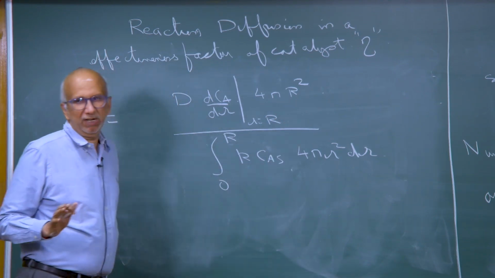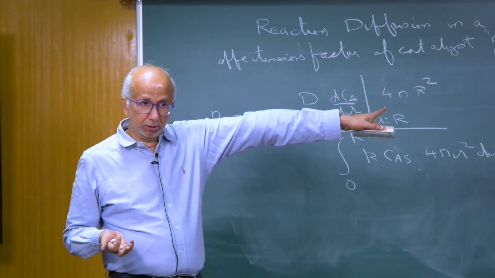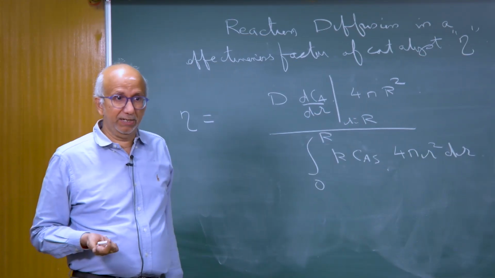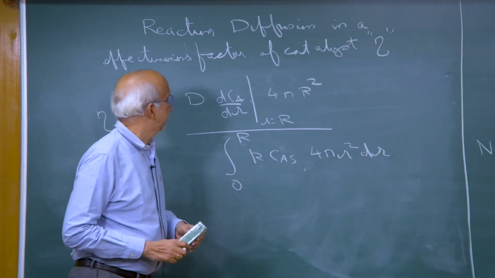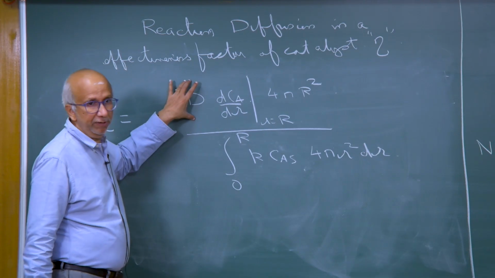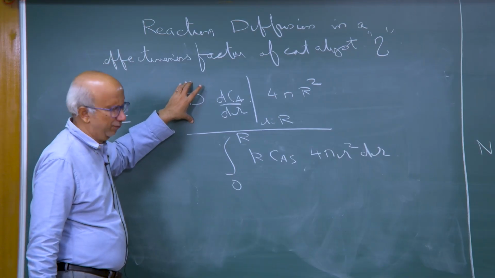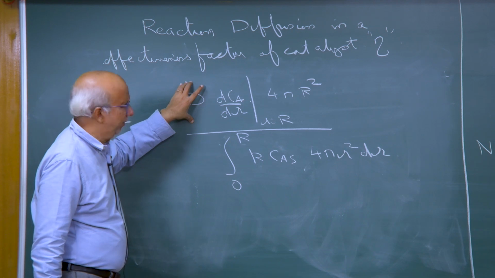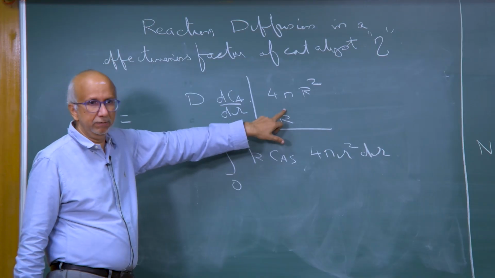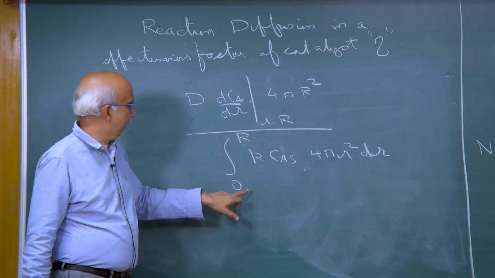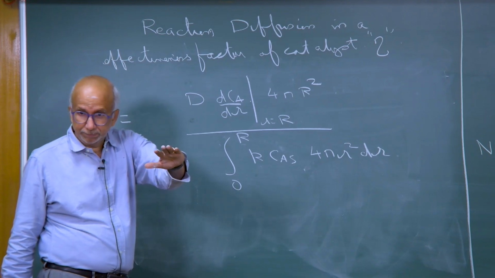This is all in dimensional terms. I will convert it to dimensionless and use the expression which I got for the dimensionless concentration profile. Okay, is this clear? Eta is the numerator, what is being consumed by reaction, which is the same as the diffusive rate coming into the pellet. This is the flux multiplied by the area of the sphere, and the denominator is the reaction rate when the concentration is uniform everywhere.